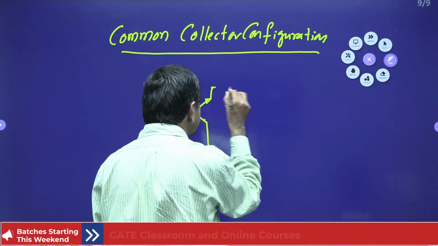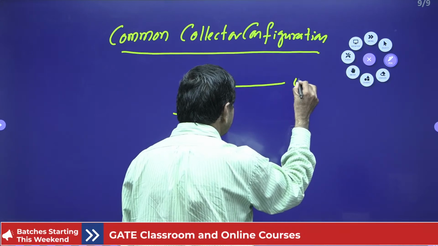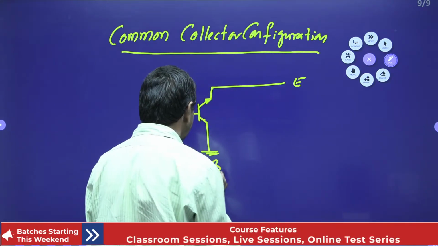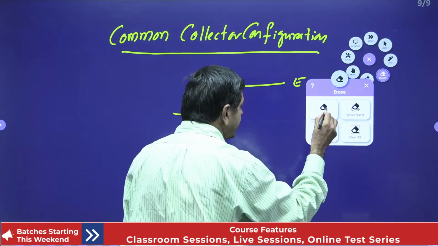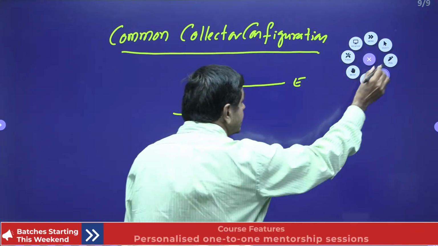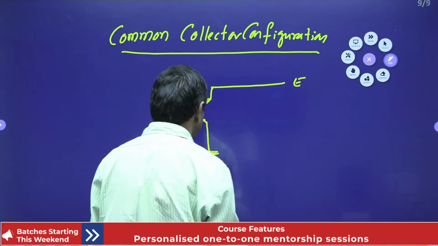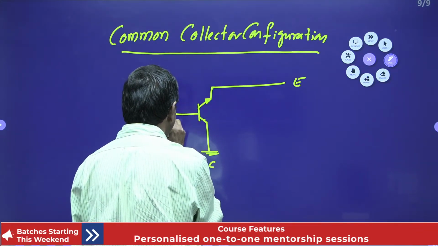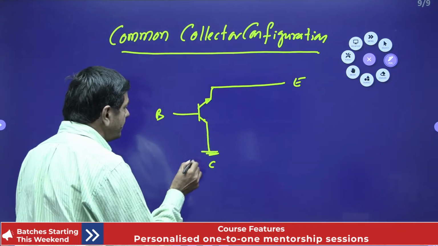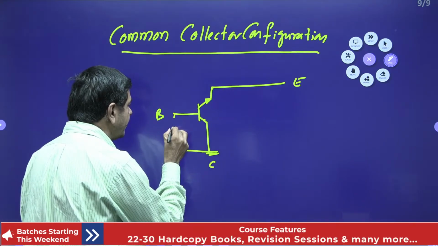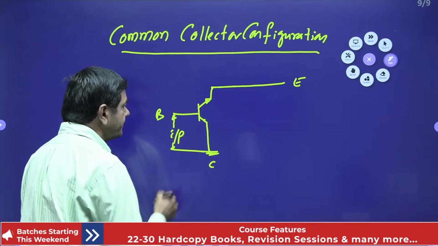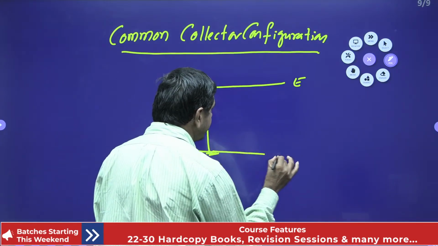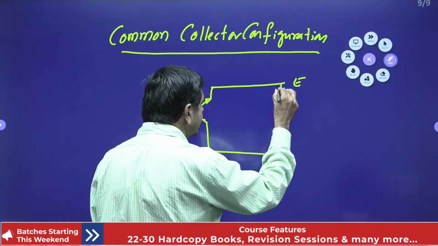This is the base, this is the emitter, and this is the collector, which is grounded. Between base and collector the input signal is given, and the output is taken between emitter and collector.